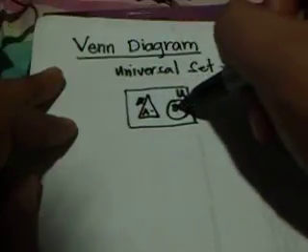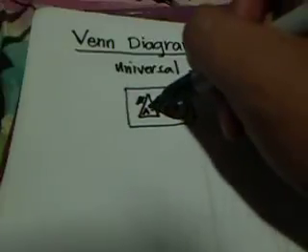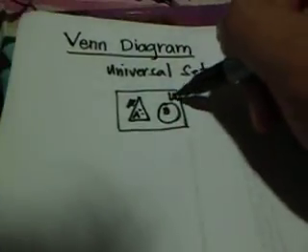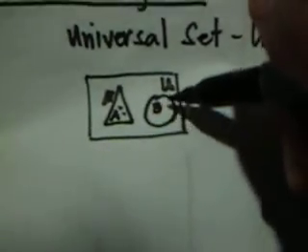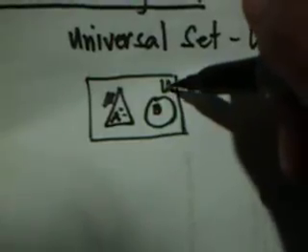Now U here contains A and B, so whatever the elements are inside A, those are also elements of U, and whatever elements B has will be the same elements that U has.